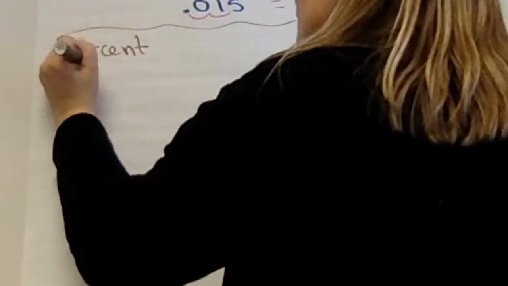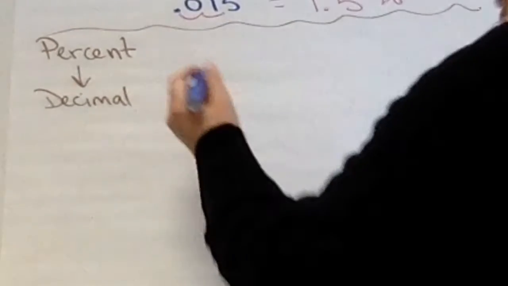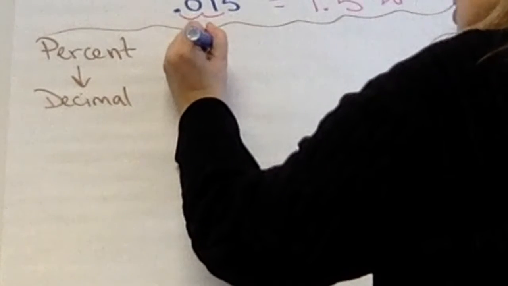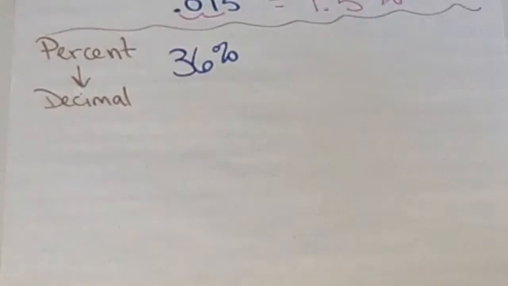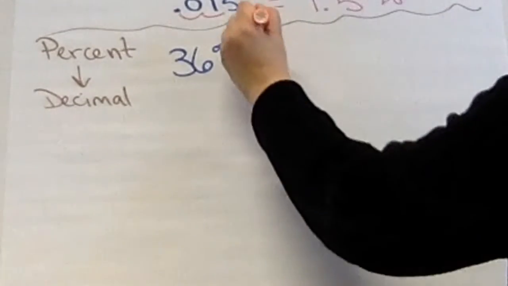Okay, so when we're converting from a percent to a decimal, we are just dividing by 100, so we're moving the decimal point how many times, and where? Left, twice. So if I had 36%, I'll write the notes just like I did up there.